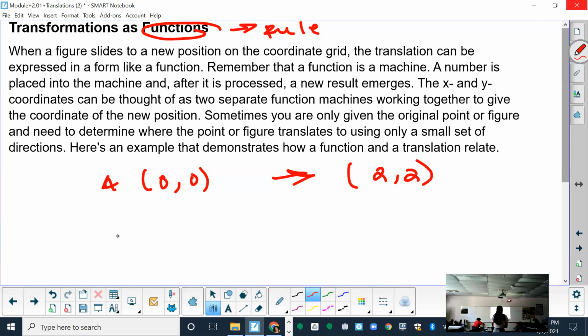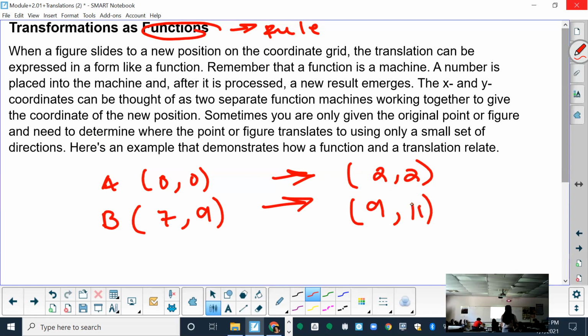So if my coordinate for B is, let's say, 7, 9, it would follow the same rule. I would add 2 to my X value, make it 9, and then add 2 to my Y value, make it 11. So they're all changing by the same amount, right? That's what we mean by it being a function.